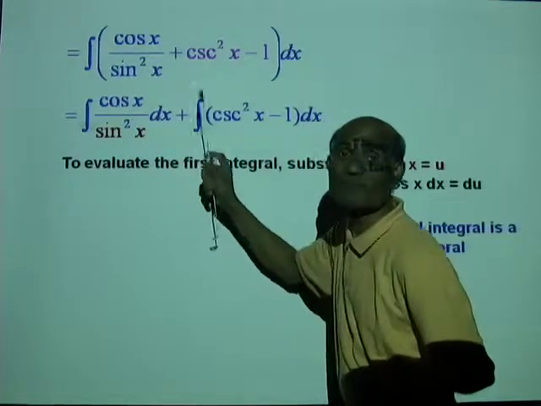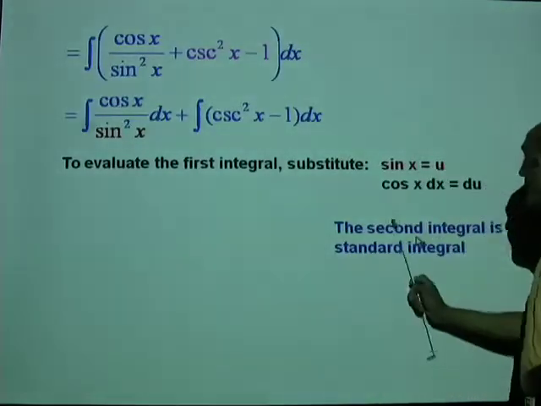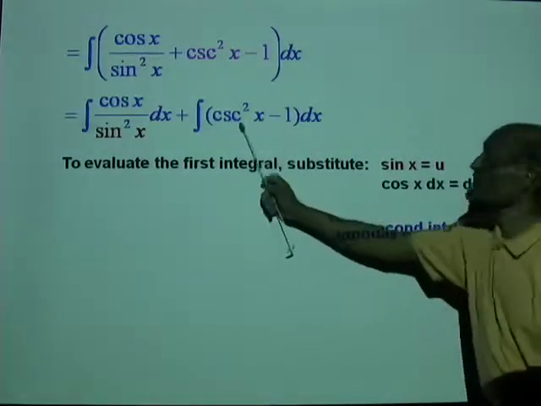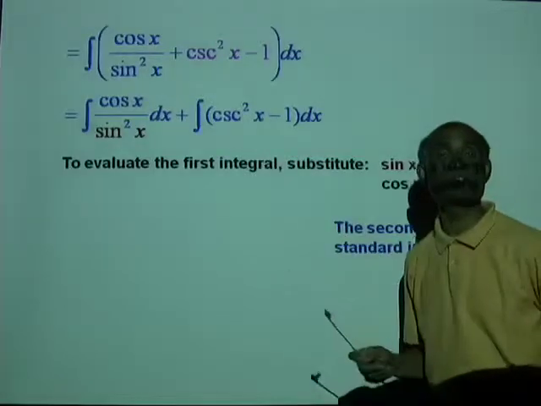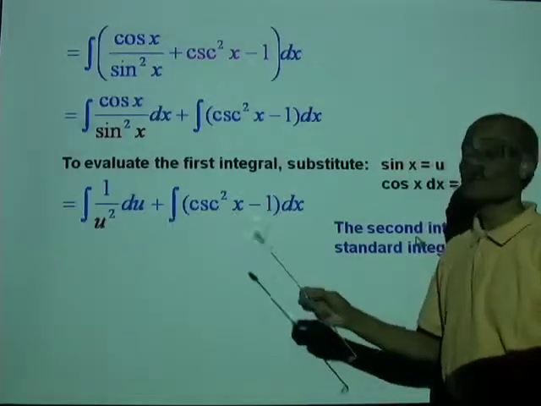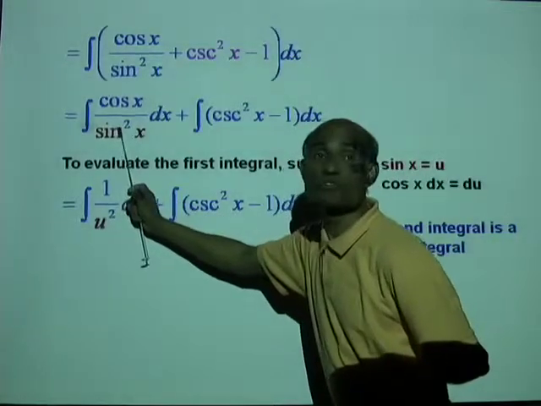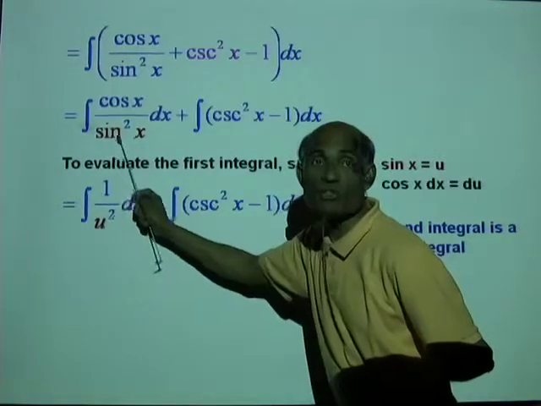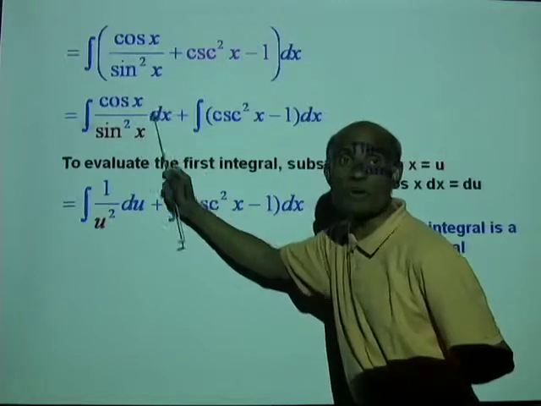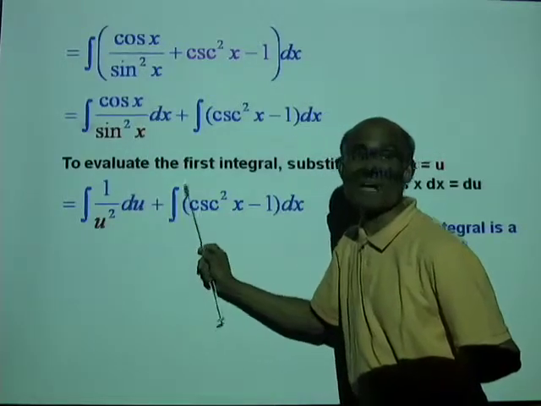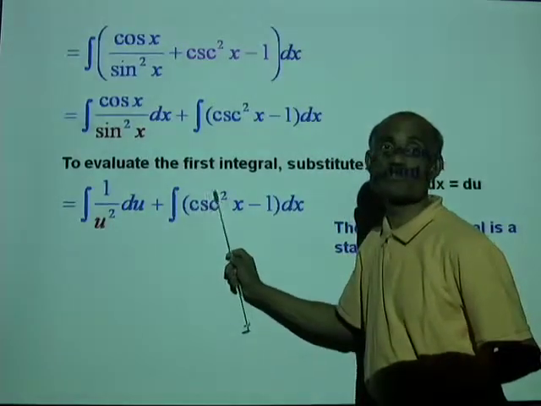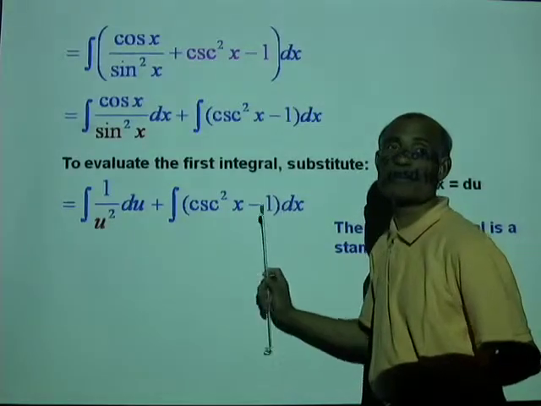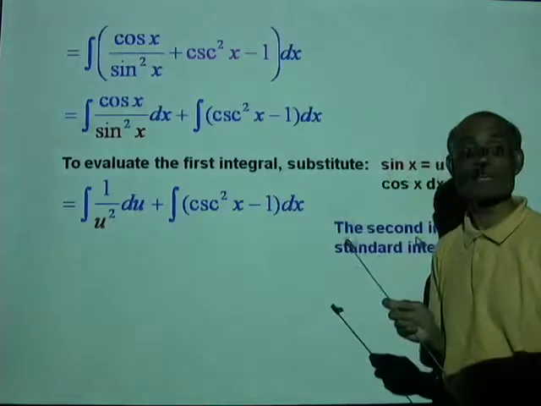That's right. And the second integral is a standard integral. We can do that without any substitution. So, with the substitution, the first integral becomes integral 1 over u squared du, cos x dx is du, plus integral cosecant squared x minus 1 dx. Now all these can be integrated.